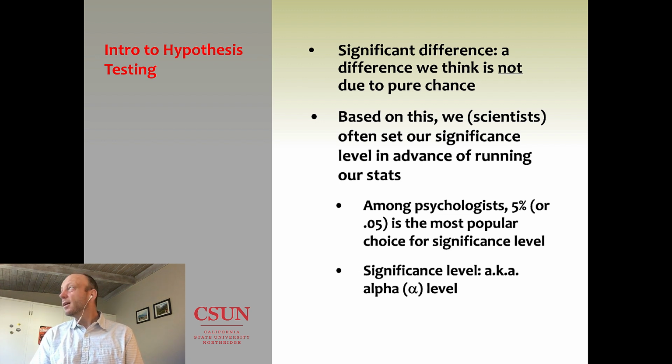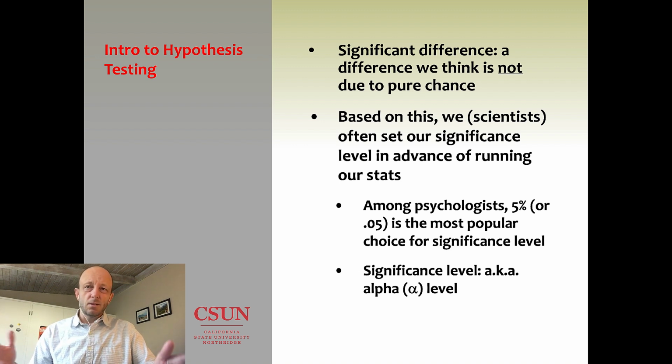But the theory is that if you get a difference in your sample, suppose your sample of statistics students is having more fun than the non-statistics students, then you're like, okay, there's a difference between my statistics students and my non-statistics students. Suppose you take 20 of each. There's a difference there.